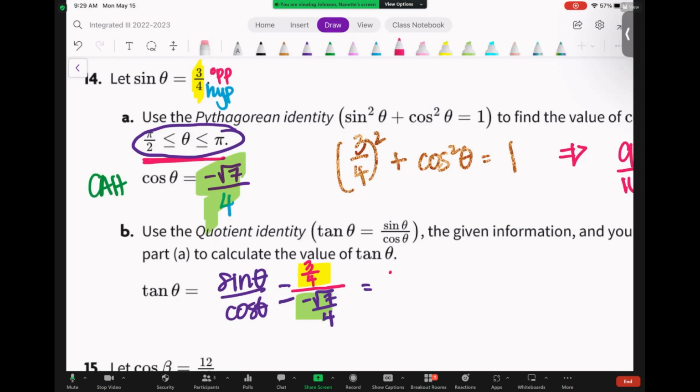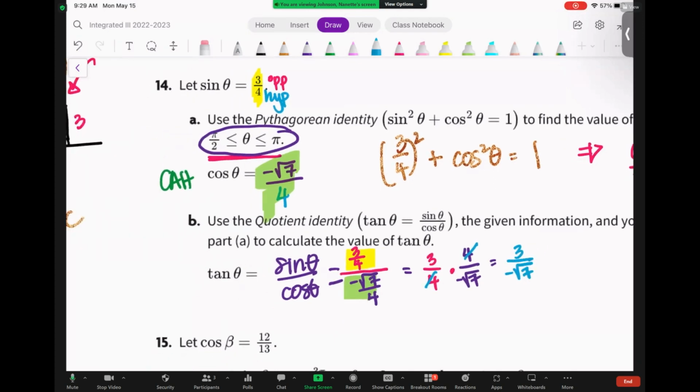So I'm going to show that here, 3/4 times, and then I'm going to make negative root 7 over 4 do a handstand. So it's 4 over negative root 7. And you see, oh, those 4s can divide out. So I'm left with 3 over negative root 7, or whatever, negative 3 over root 7. Sorry, I said that wrong. So then I'm going to highlight this guy here as my answer, right?